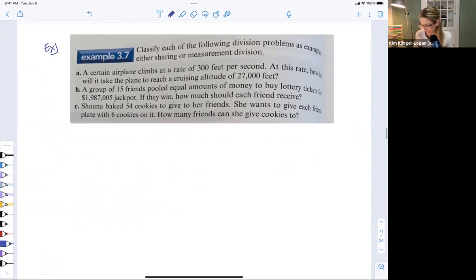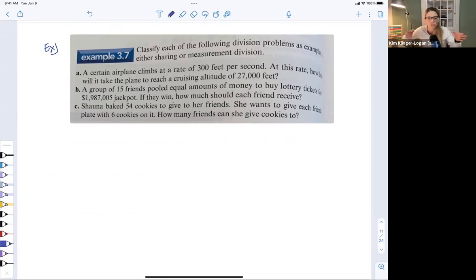We want to classify each of the following division problems as sharing or measurement division. Example A: a certain airplane climbs at a rate of 300 feet per second. At this rate, how long will it take for the plane to reach a cruising altitude of 2,700 feet?